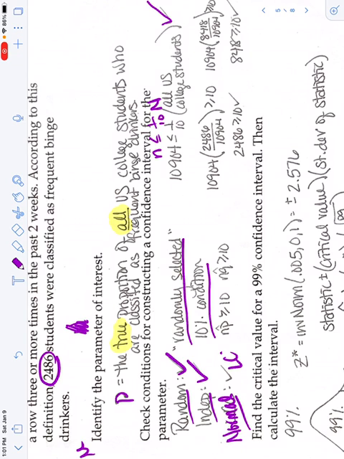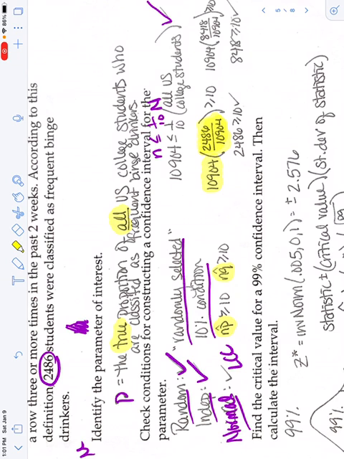Then I need to be normal. So for normal, for proportions, it's going to be your LCC. Please notice that on my np and my nq, the p and q both have hats, again, because this is sample information. So it has to go in for a p-hat, not a p. So here's my n.